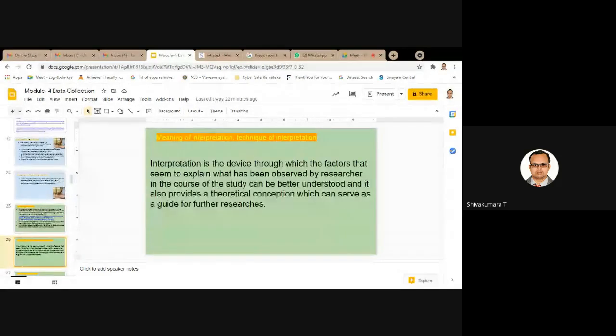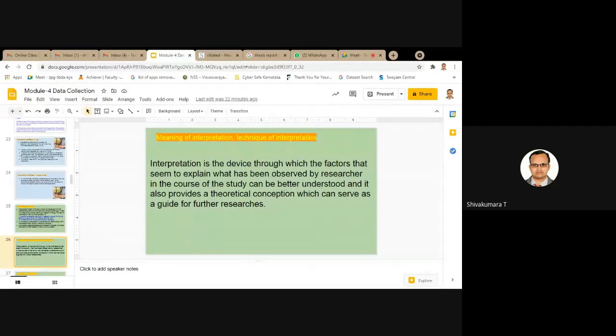So in other words, we can say interpretation is the device through which the factors that seem to explain what has been observed by the researcher in the course of the study can be better understood, and it also provides a theoretical conception which can serve as a guide for further researchers.